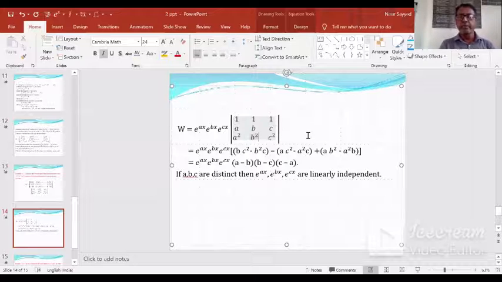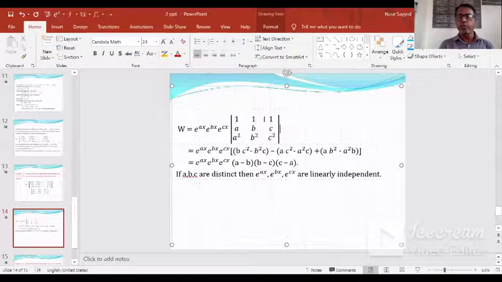If we simplify this, then we obtain 1 into (bc square minus b square c) minus (ac square minus a square c) plus (ab square minus a square b).